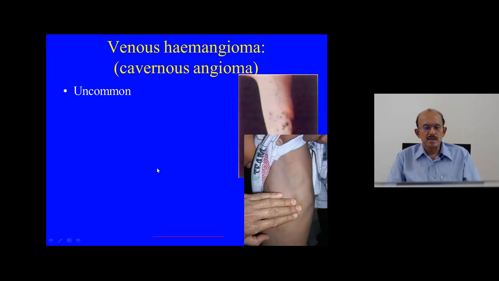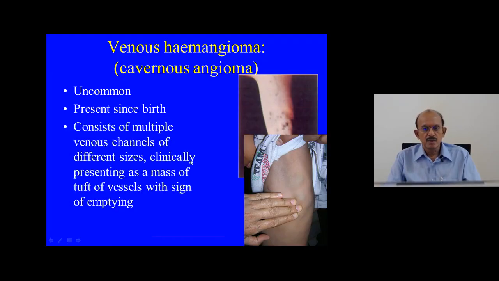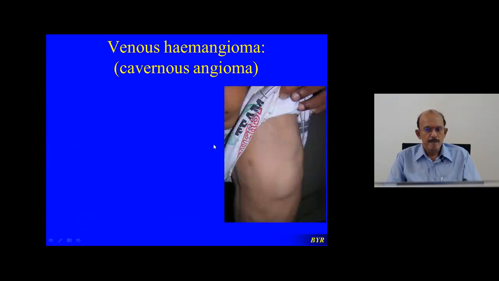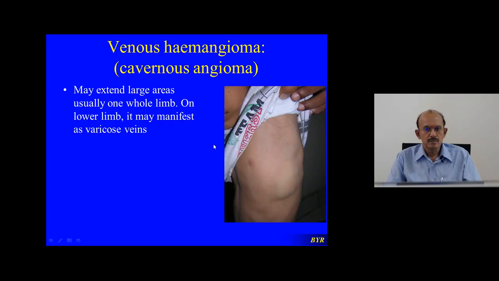Venous hemangioma is uncommon. It presents since birth. It consists of multiple venous channels of different sizes, clinically presenting as a mass of tough vessels with sign of emptying. It may extend over large areas, usually one whole limb.